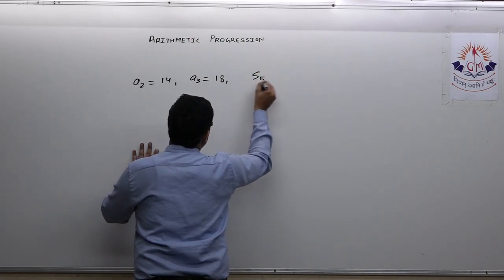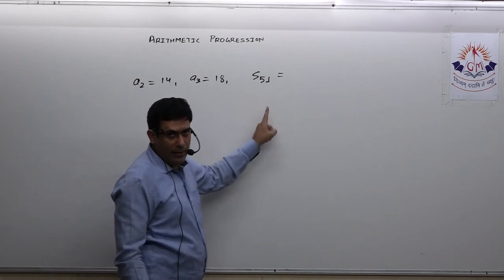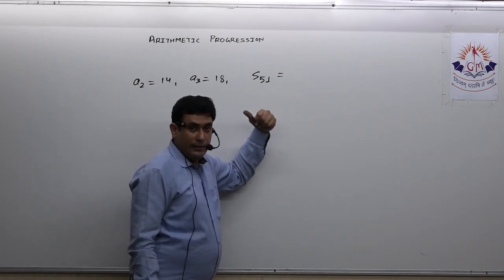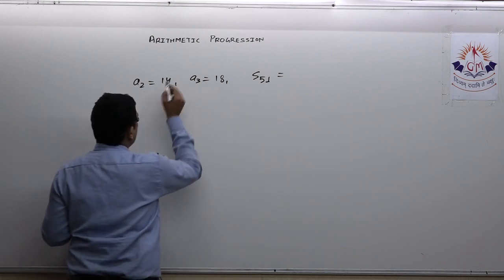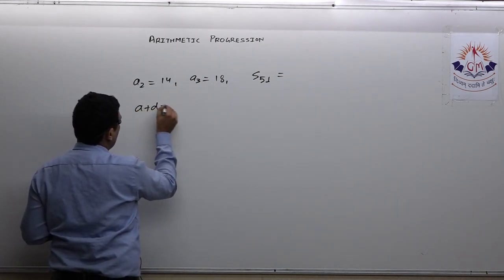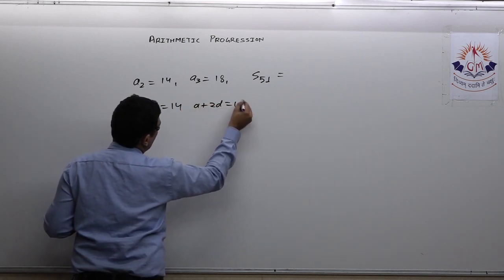So it's very easy. See, we know the formula of this sum of n terms that needs n, which is given, that needs a as well as d. So that we get with the help of this. See, a plus d equal to 14 and a plus 2d is equal to 18.